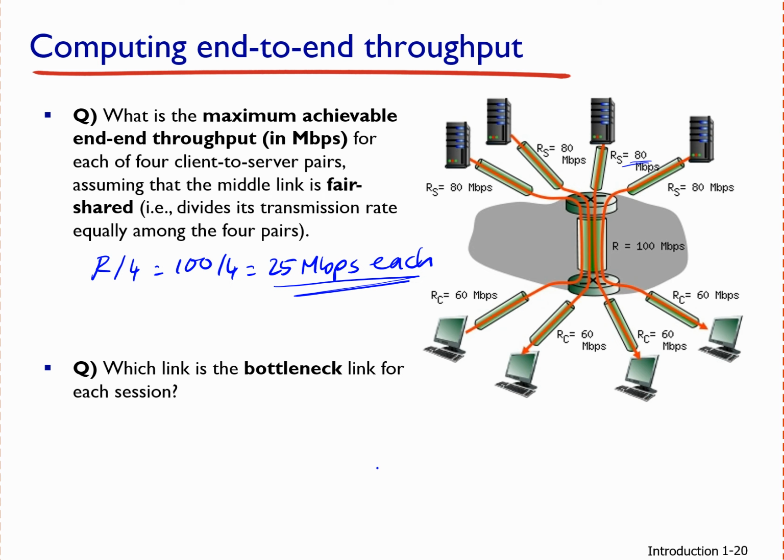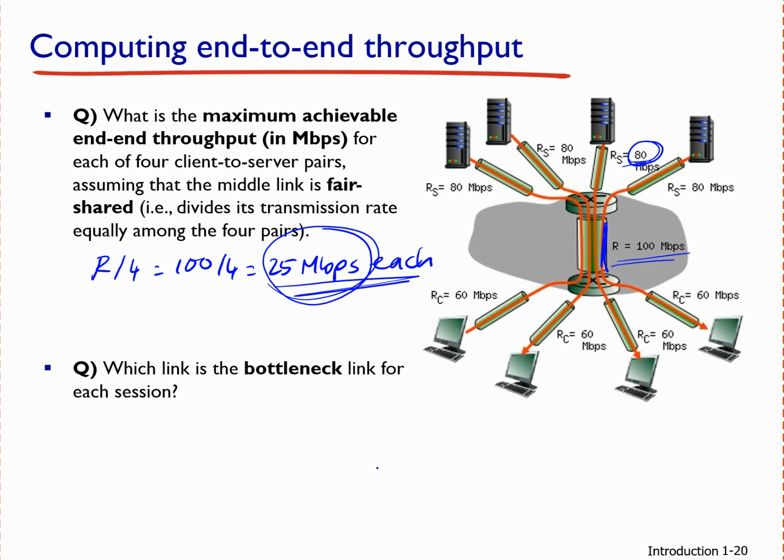This one will send 80, but the problem is not here. The problem is here. This link cannot take more than 25 megabit per second. So if you send using the 80, you're going to lose packets right here because you're overflowing the network. You're pumping too much fluid. Again, consider the pipes.